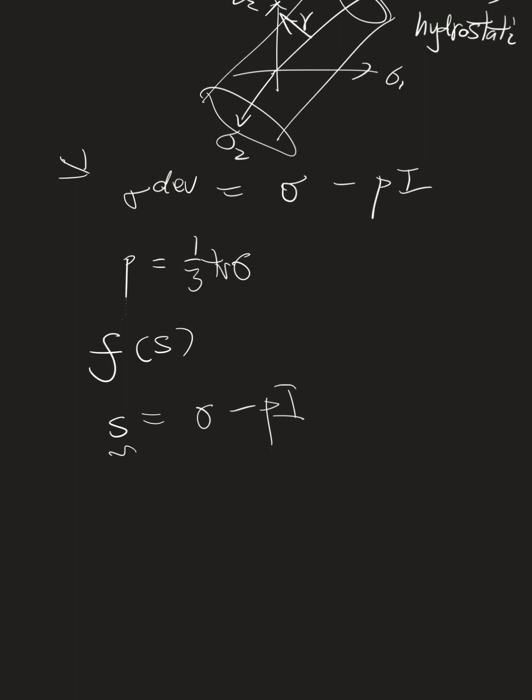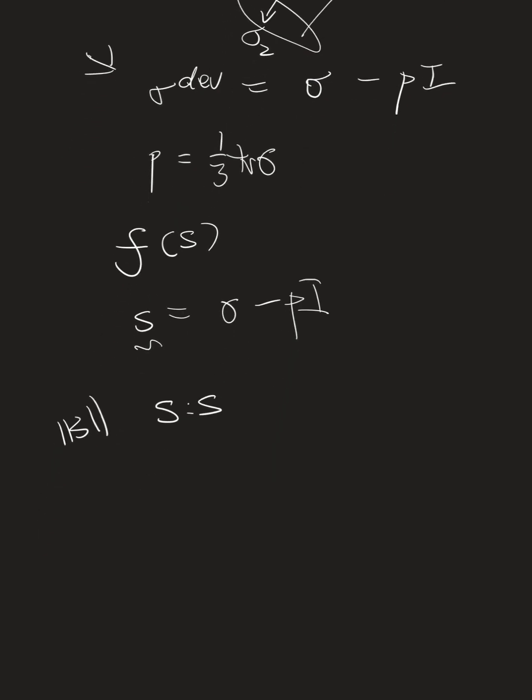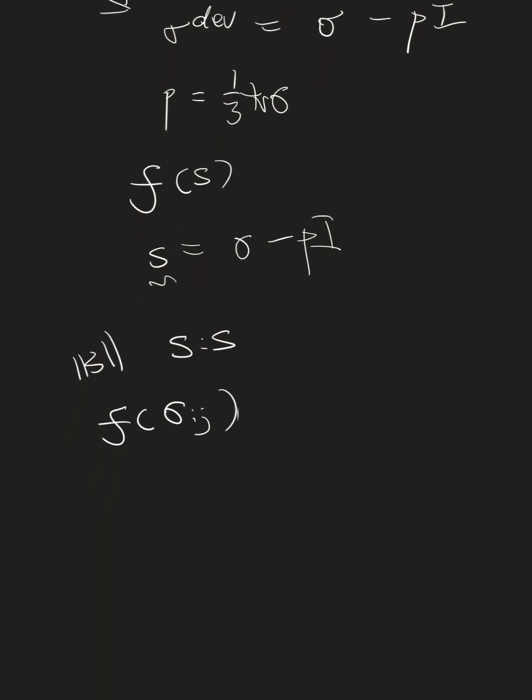So what we typically do is use S double dot S as the norm of the deviatoric stress, and this is used to write the yield function. Let me give a summary. The yield function initially depends on sigma ij for perfect plasticity. Now I'm going to simplify it. Assuming isotropic behavior, we simplify it as a function of sigma 1, sigma 2, and sigma 3.